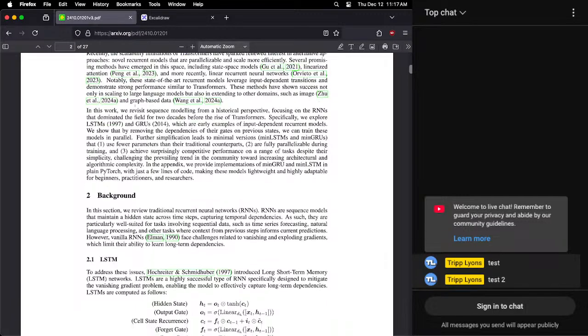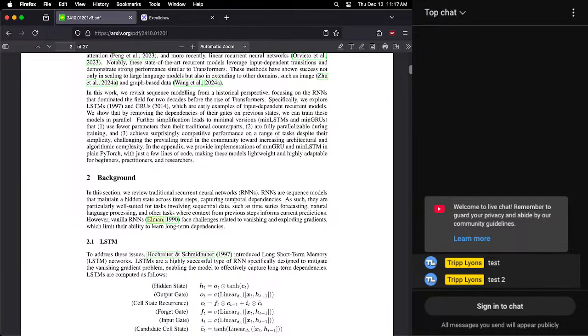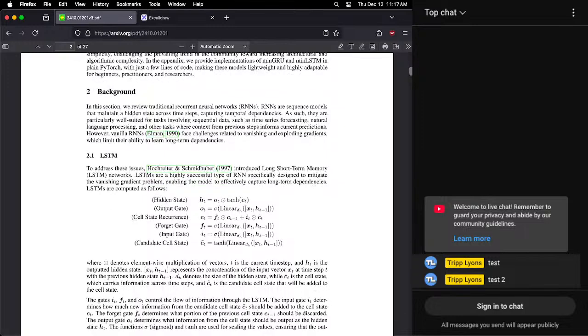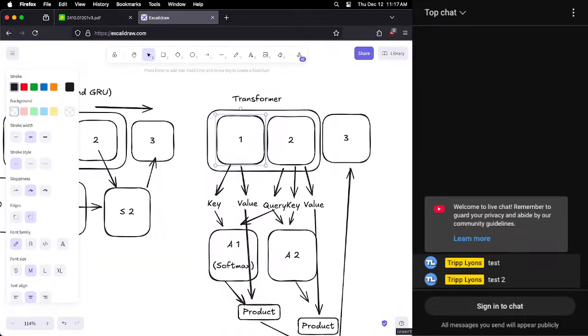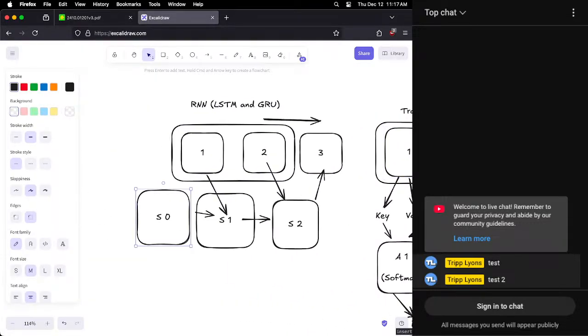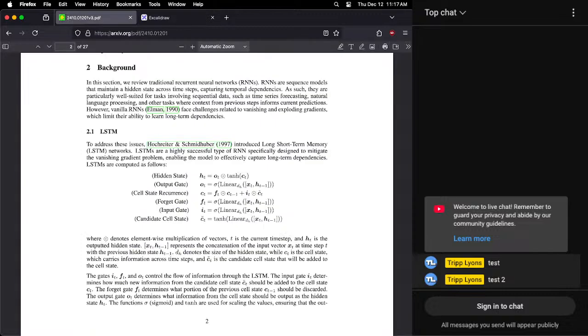Okay, so here's the review of RNNs. They say that LSTMs, this is how LSTMs work. So the hidden state, here these are, I call that S. What's O? Let's see. Oh, the O is just a gate.